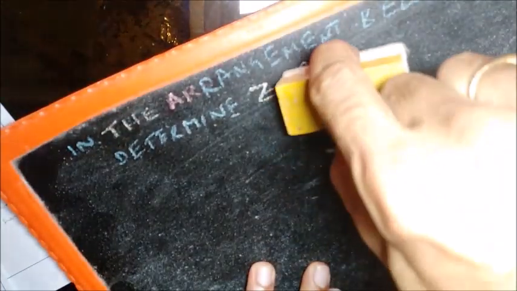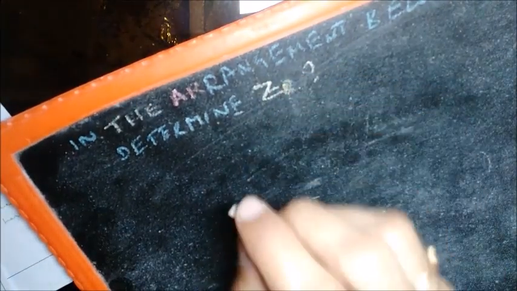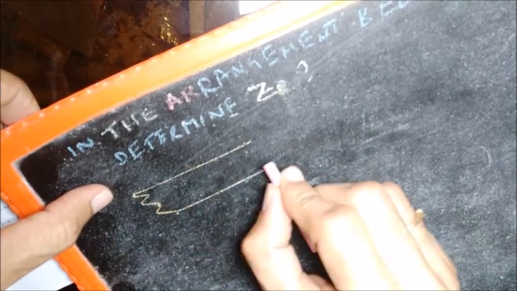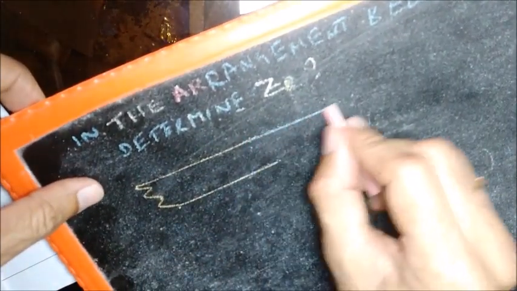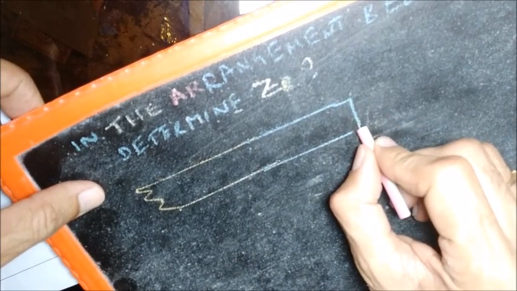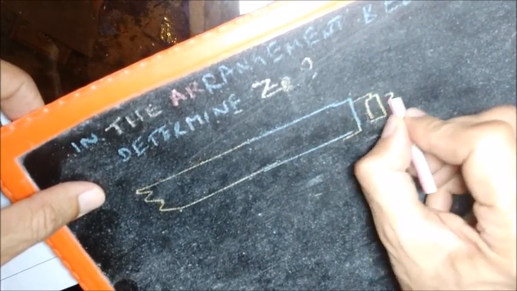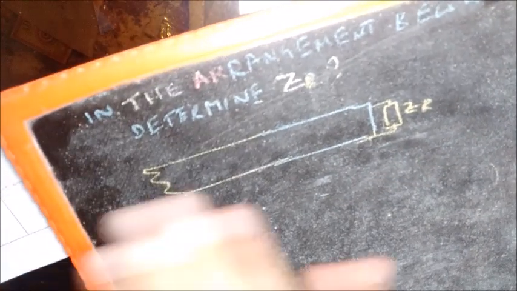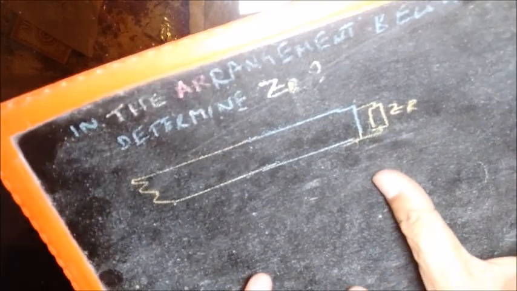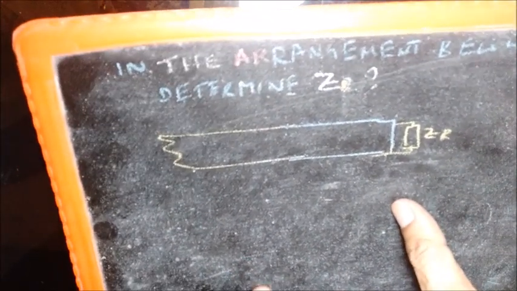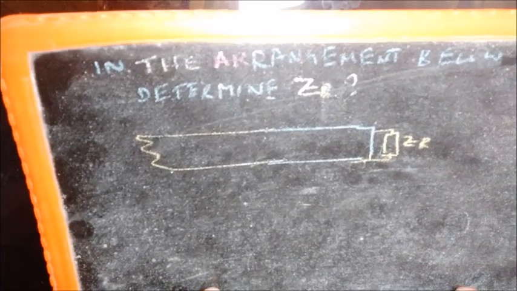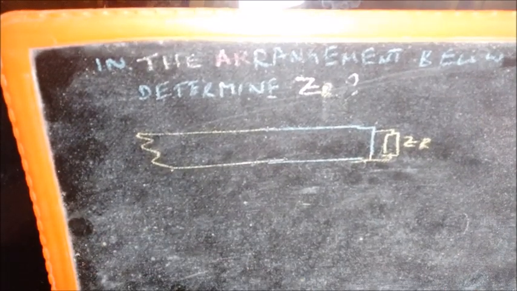So the arrangement is like this. There is a transmission line, and at the end of the line there is a load ZR. We have to determine what is ZR. So of course some of the data is not complete. So I will explain those missing points here when I discuss this. Basically we have to find out what is the load impedance, or we have to get an expression which will help us find out what is the load impedance.